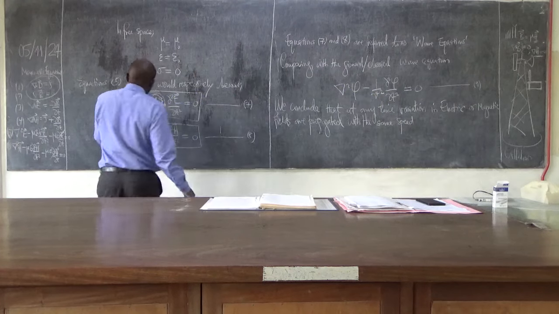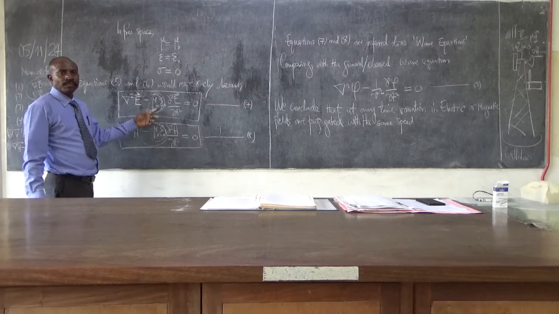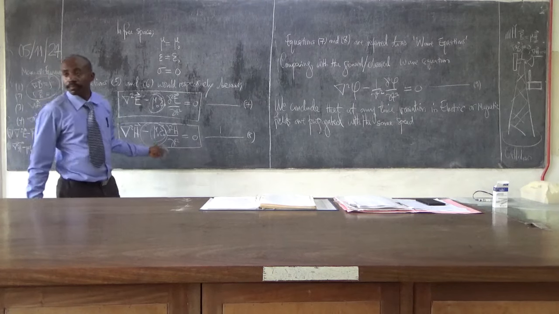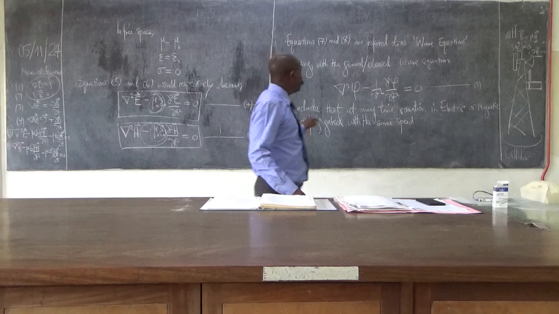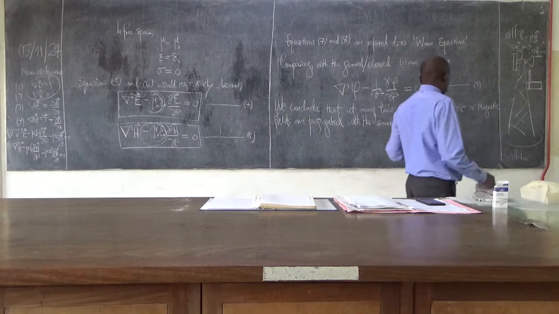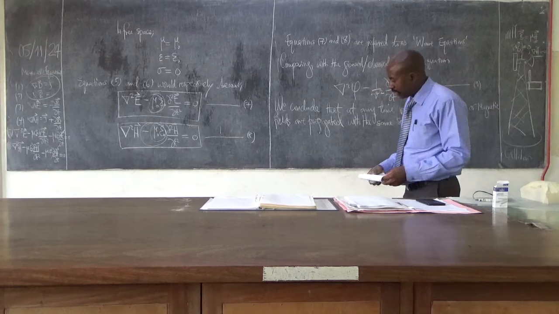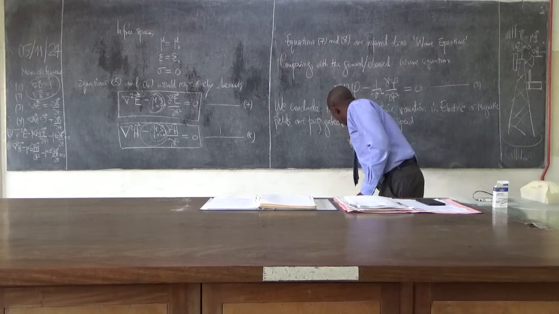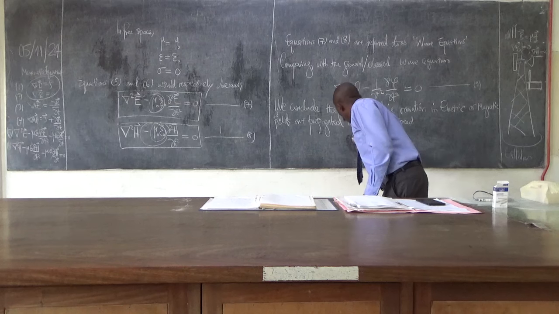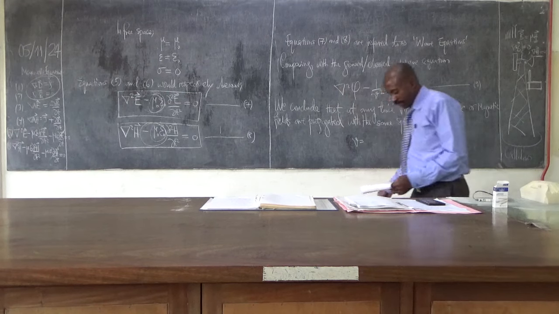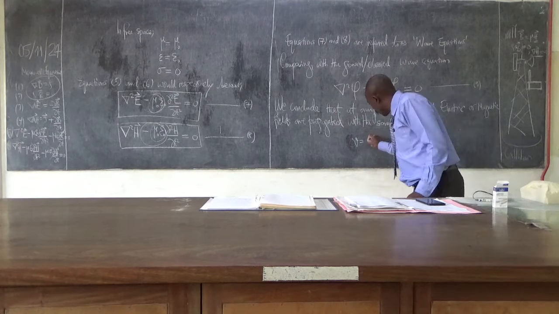Because this one has this speed, this one also has this speed, if you compare with the classical equation. And this same speed, which is v, is equal to the speed of light.